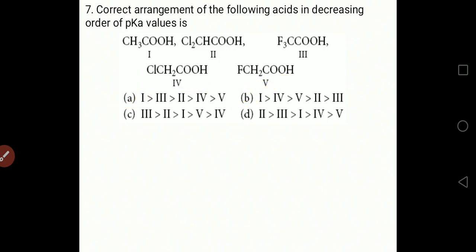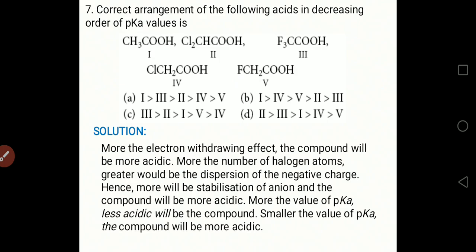Out of the two, the fourth one is there in the second, B, and 3 is there in A, correct? Now if you compare 3 and 2, or 4 and 5, we will come to know 4 is more than 5, because fluorine is highly electronegative. Hence the answer for this question should be B. Read this particular statement and you will understand clearly. So the answer is B.